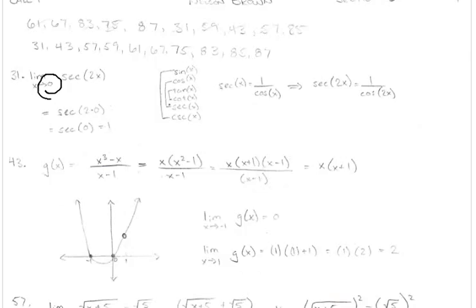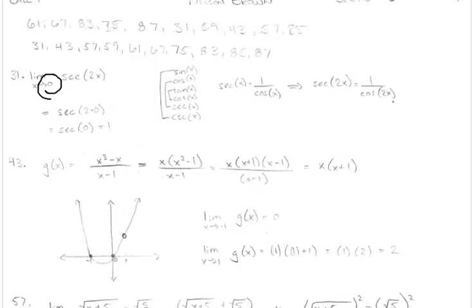So secant is the reciprocal of cosine. That means that if you want to evaluate secant of x, you can just evaluate whatever the reciprocal of cosine of x is. So the secant of 2x is 1 over cosine of 2x.